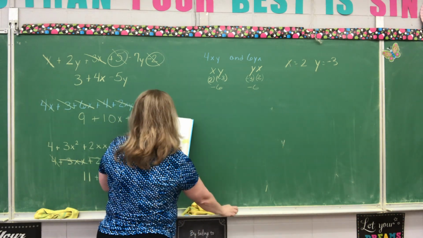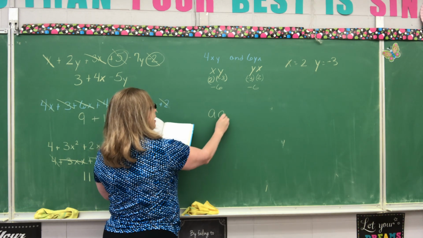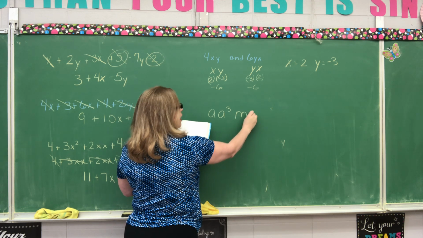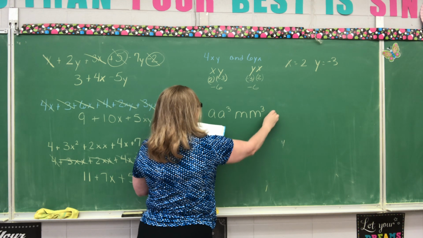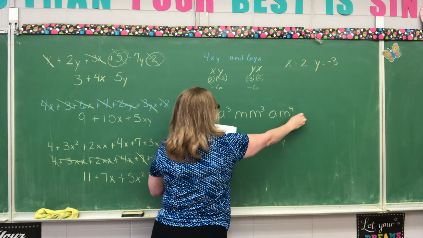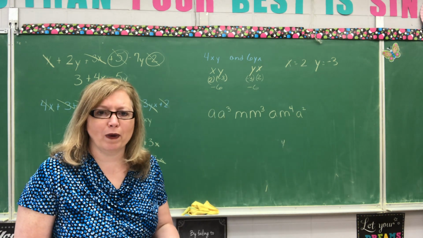It says a to the 3rd, m to the 3rd, a, m to the 4th, a squared. Okay? So what are we going to do?